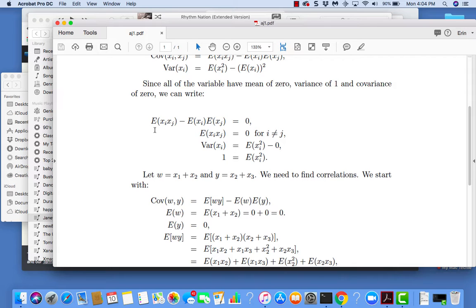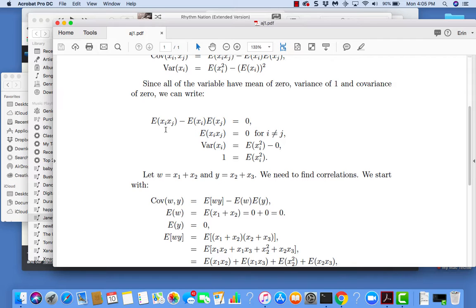So we can write expected value of xi times xj minus expected value of xi times expected value of xj equals 0. So that being said, I know that my expected value of xi and xj are each equal to 0.